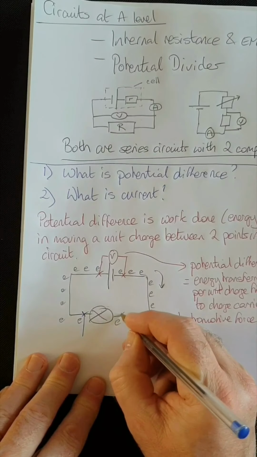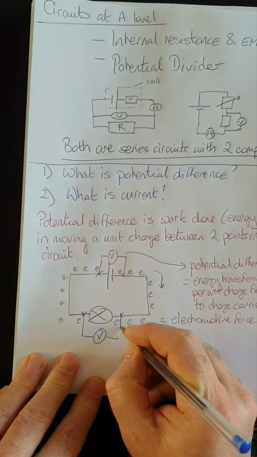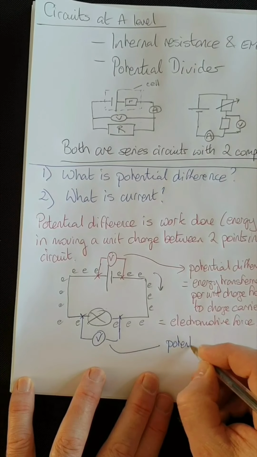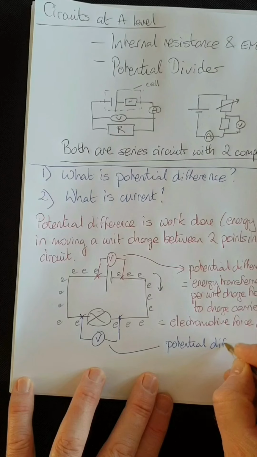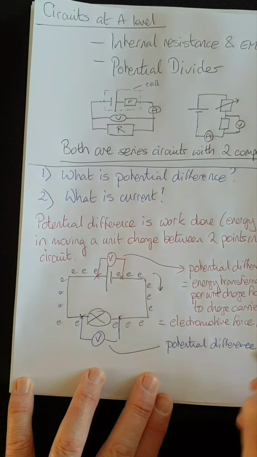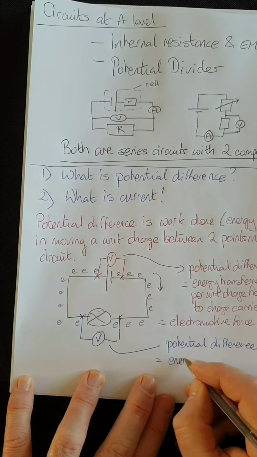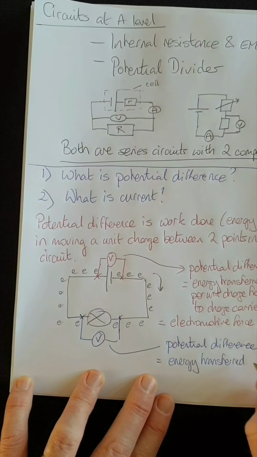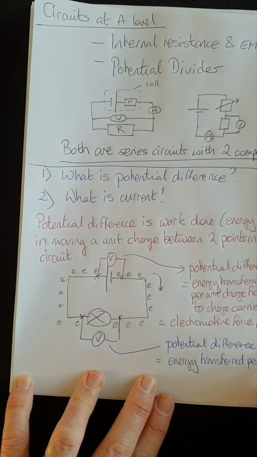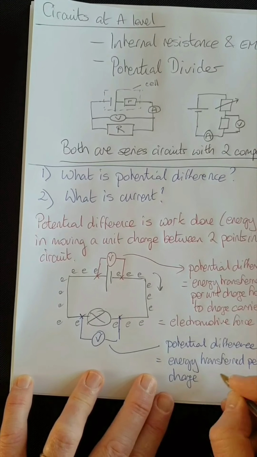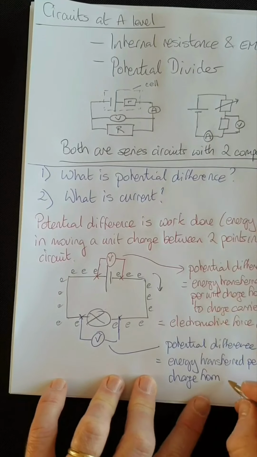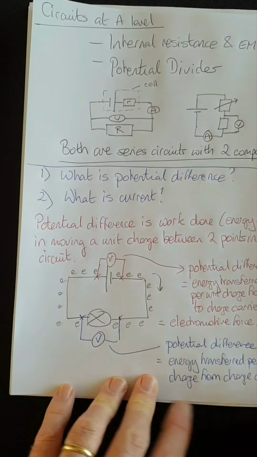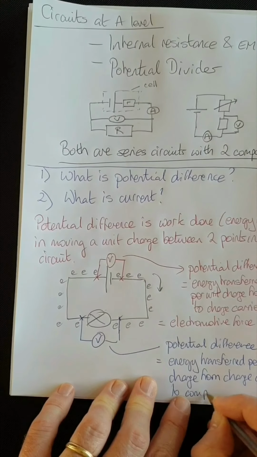So again, if we measure the voltage or potential difference across this lamp, here the potential difference is equal to the energy transferred per unit charge from charge carriers, which are the electrons, to the component, in this case the lamp.